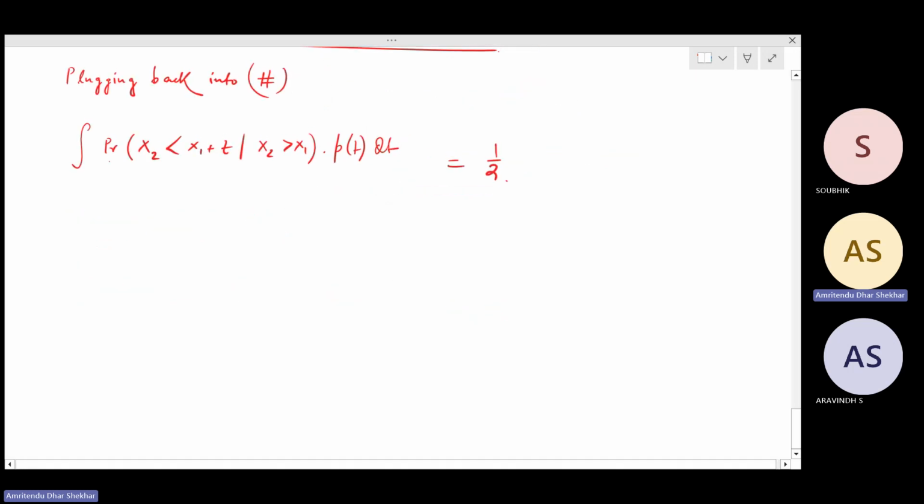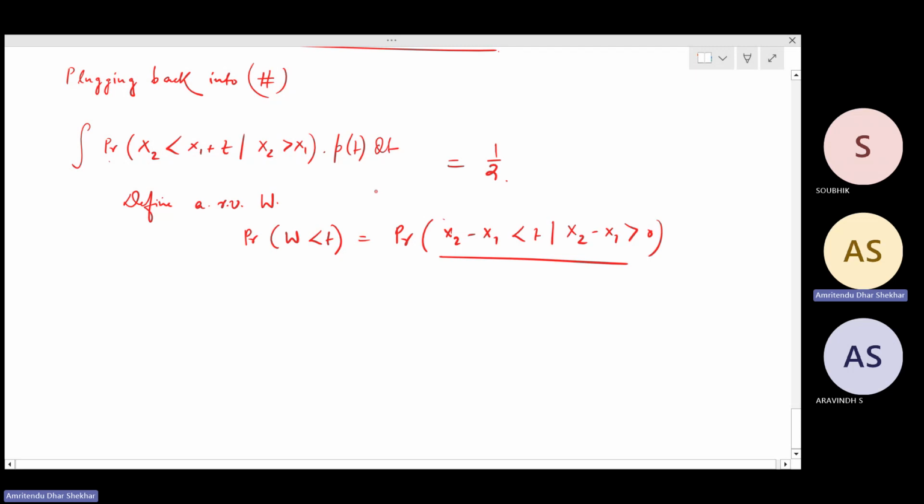To make this more rigorous, what we can do is define a random variable w where probability of w less than t is equal to the probability of x2 minus x1 less than t, given that x2 minus x1 is greater than 0. Essentially, it's the same thing I'm rewriting.